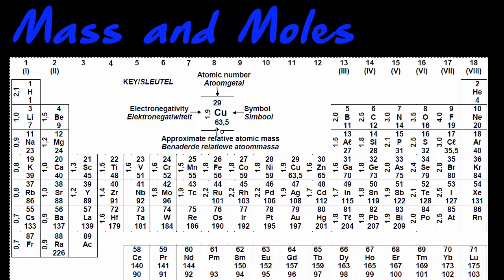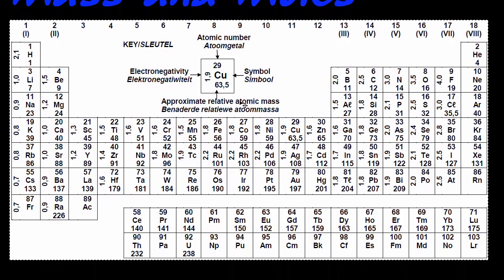Is it really grams? How is it possible that an atom could have 63.5 grams? In order to understand where this relative atomic mass comes from, we first need to understand Avogadro's constant.